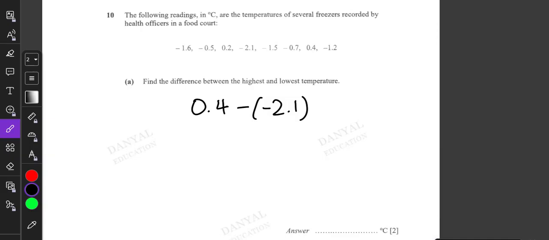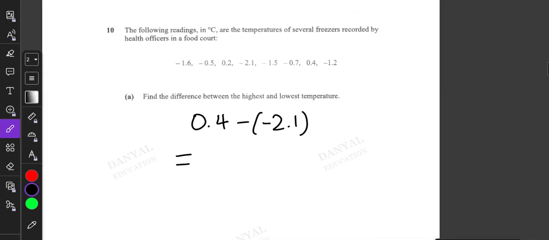Then you may be asking me, but JC, you need to find the difference, isn't it minus? Technically yes, but because there's a negative, it will be 0.4 plus 2.1, which will give me 2.5.